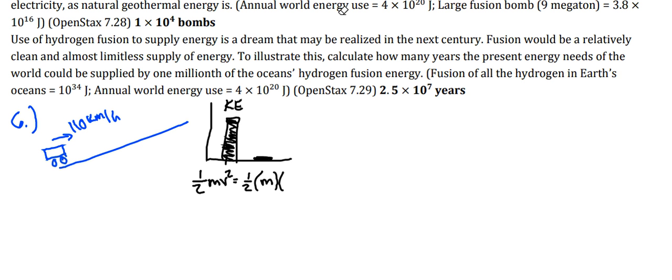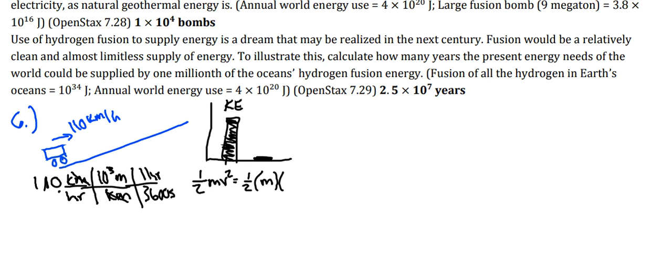We first have to convert between kilometers per hour to meters per second. So 110 kilometers per hour. We have to get rid of kilometers. The kilo in kilometers means 10 to the third, or 1,000 meters. And in 1 hour, there are 3,600 seconds.